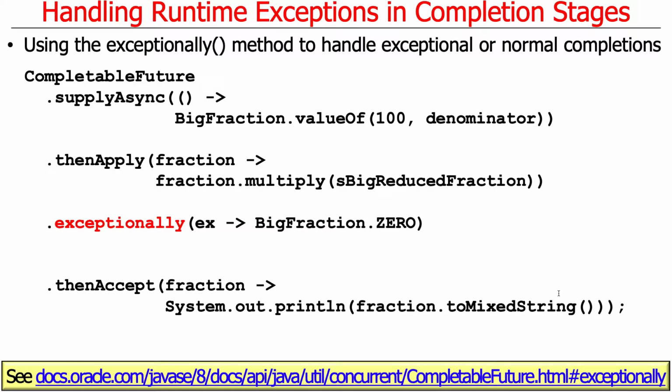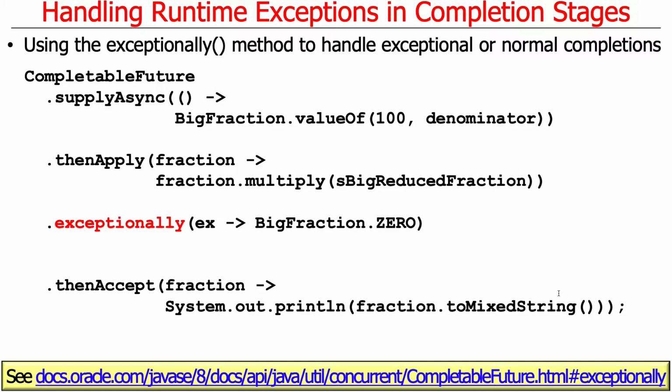Here's how to do the same sort of thing using the exceptionally method. So in this case, once again, let's assume we have a denominator that's 0. Then what will happen is the thenApply method here in this fluent chain is going to be skipped. So when an exception is thrown, it gets propagated through the chain of completion stage methods until it finds one that knows how to handle the exception, which in this case is exceptionally.